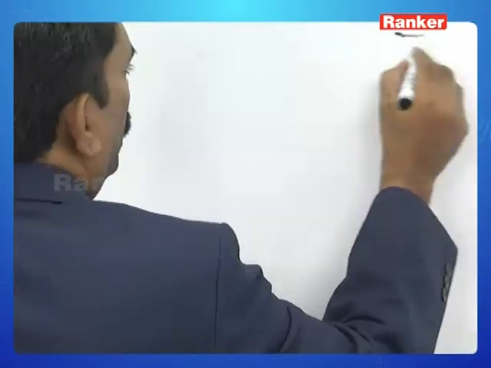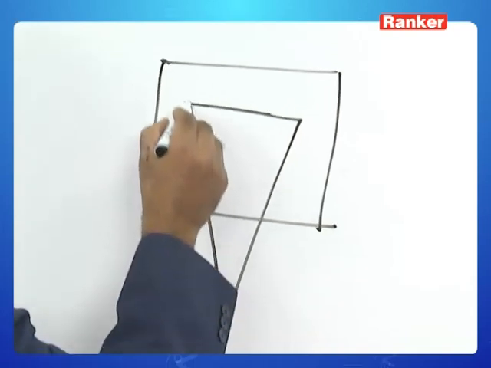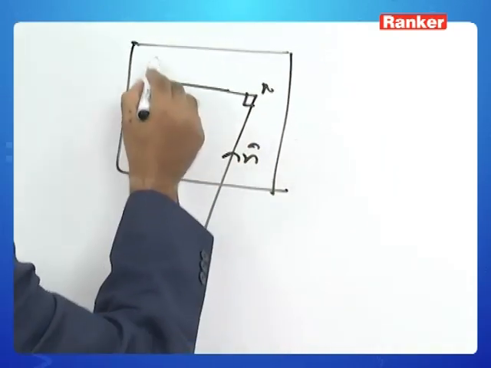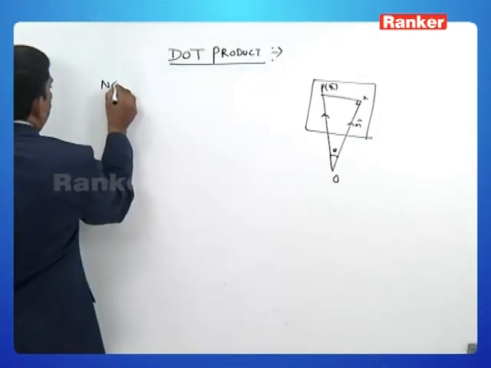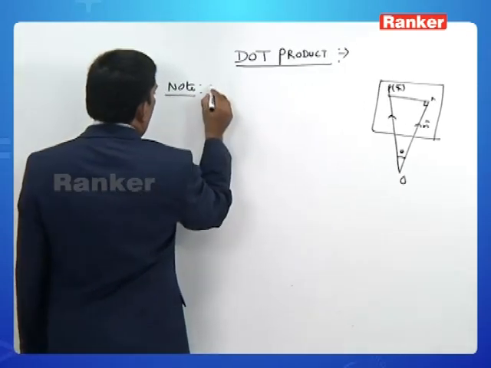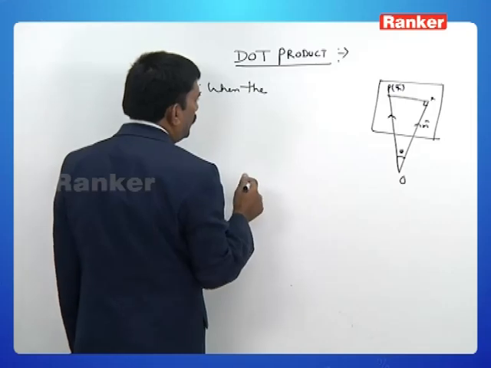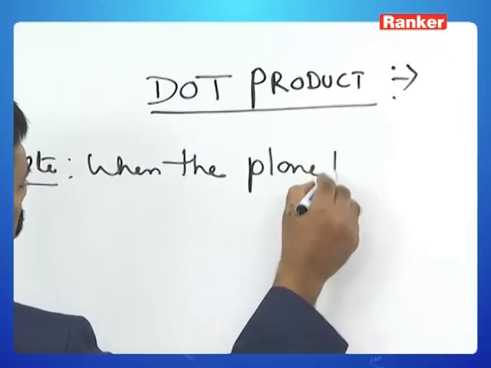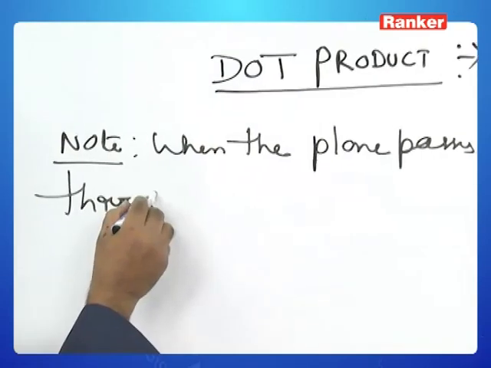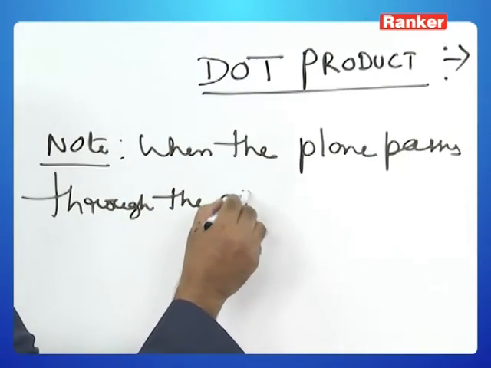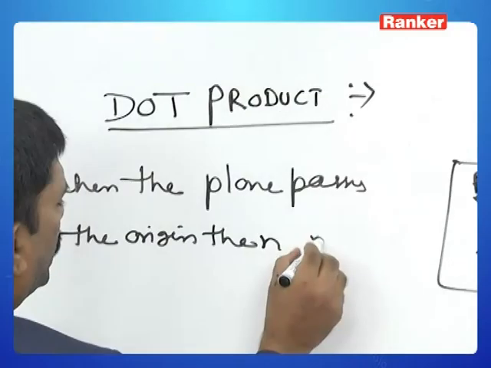Cartesian equation of a plane. Now, note that when the plane passes through the origin, then p is equal to 0.